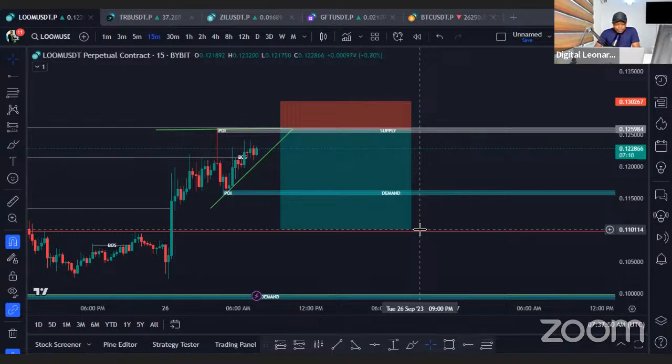Okay, so boom. Let's see how we can take trades to the downside. Loan could be one of those tokens that I'll be scalping.